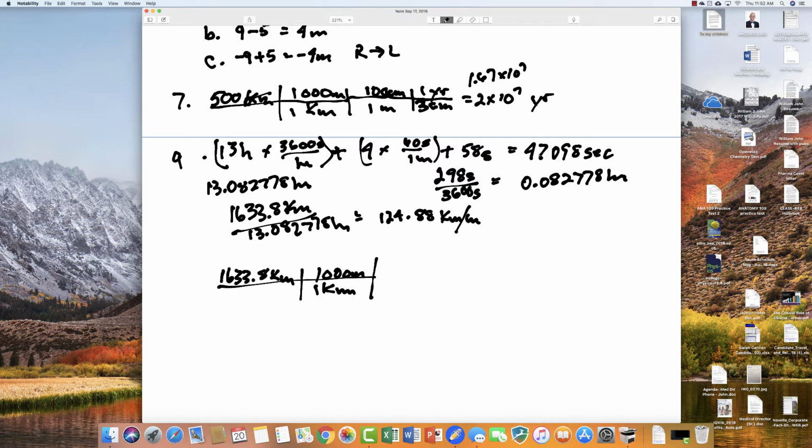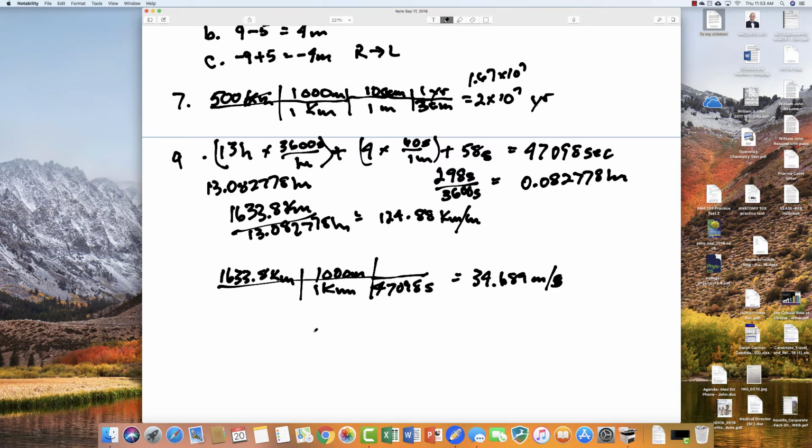And we have our seconds calculation up here, so we have 47,098 seconds. And if you do the math here, you get 34.689 meters per second, or 124.88 kilometers per hour.